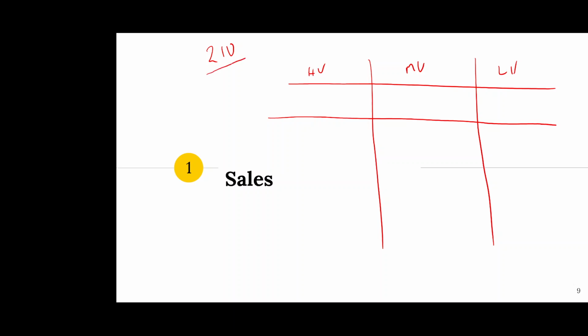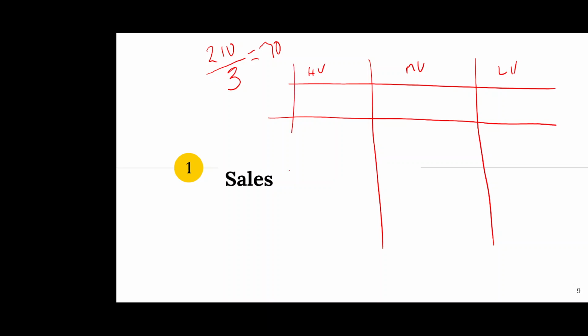Usually we have 210, they say, and the number of people in the market is 210. 210 over 3, because they didn't specify 30% in the high value, 50% in the medium value, and 20% in the low value. If I give you a percentage, you need to multiply by the percentage. All right, so 210 over 3 is 70. So we have 70 in each segment.